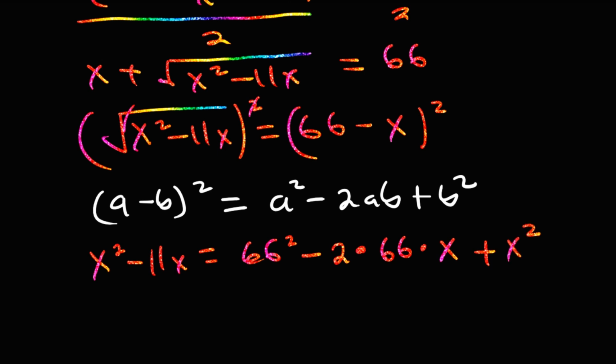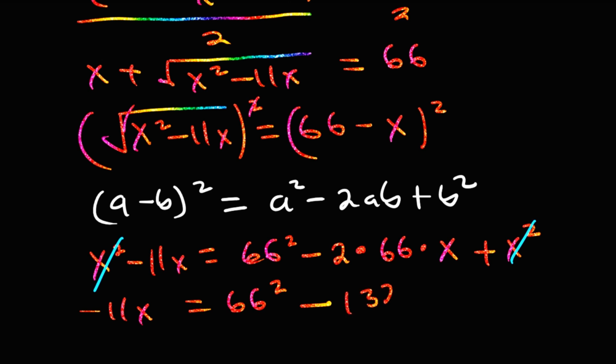So as you can see, we have x squared on both sides, so x squared and x squared will cancel, so that we're left with minus 11x is equal to 66 squared minus 2 times 66 times x.